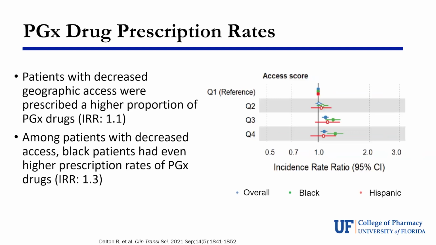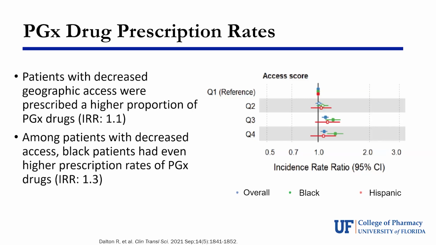So then when we looked at PGX drug prescription rates, we indeed found that patients of any race in that lowest quartile were prescribed a significantly higher proportion of PGX drugs. Now, it's not a huge effect size, but it is probably a clinically meaningful amount.